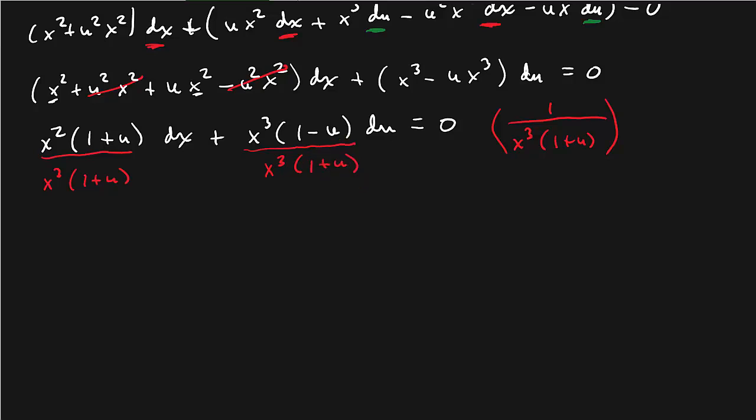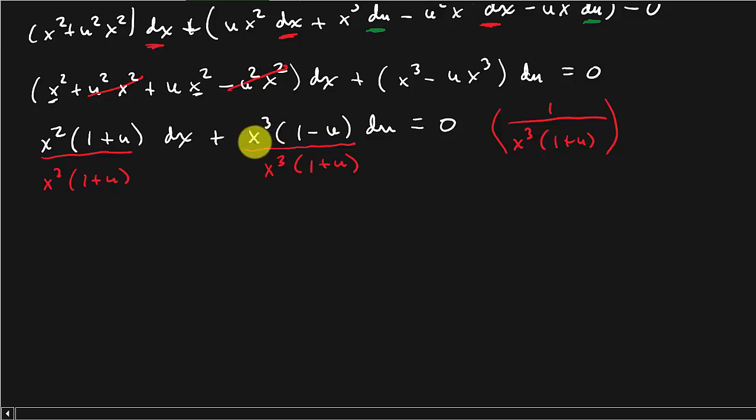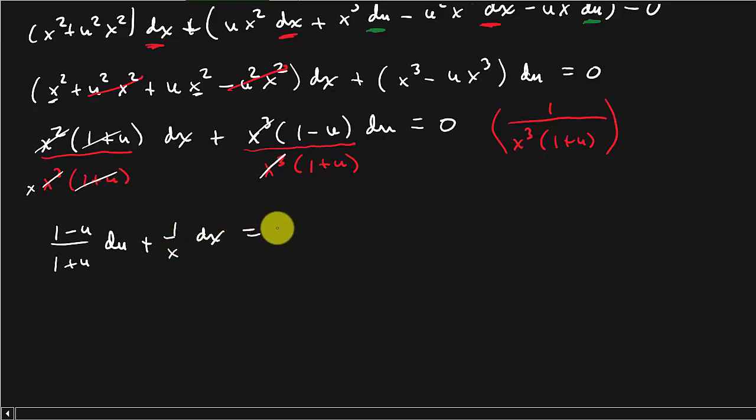That's easier to see, isn't it? All right, so the x cubes are going to cancel. So that's 1 minus u over 1 plus u du. And then here, these are going to cancel, and I'll be left with the x down in the denominator: plus 1 over x dx equals 0.